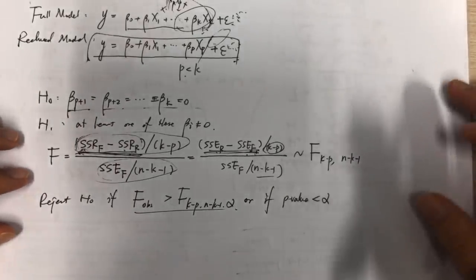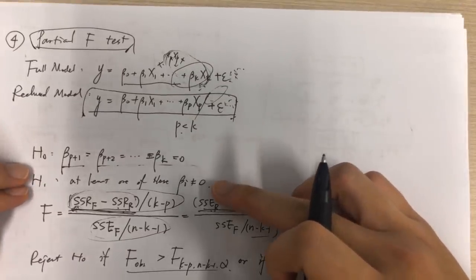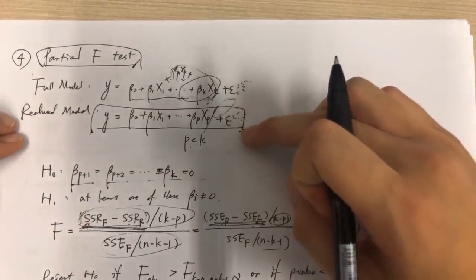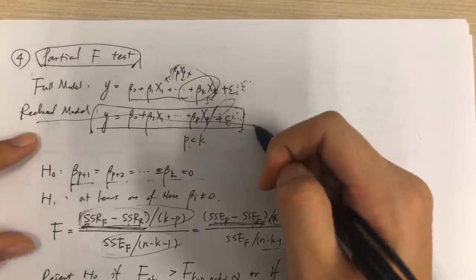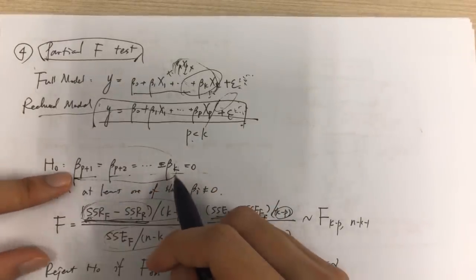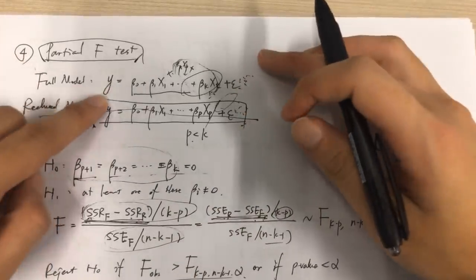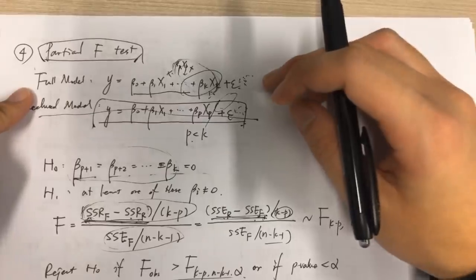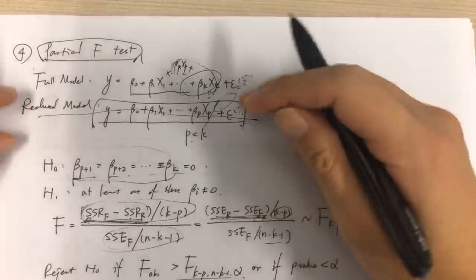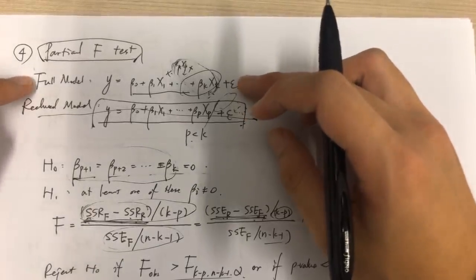Sally Ma is asking, does rejecting the null hypothesis mean the full model cannot be reduced? Yes, you are right. At least the full model cannot be reduced to that reduced model, because those betas, those corresponding x, are still important in explaining the y. So if we reject the null hypothesis, we're going to prefer the full model, right?